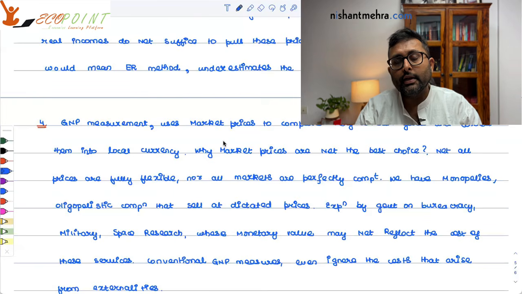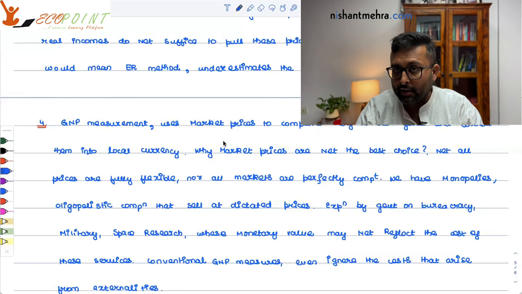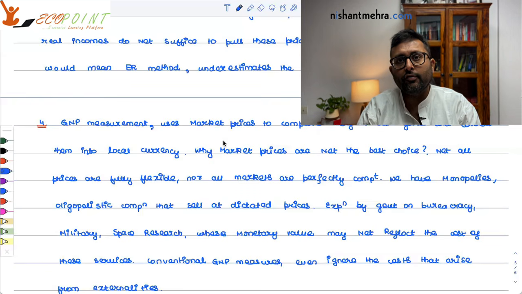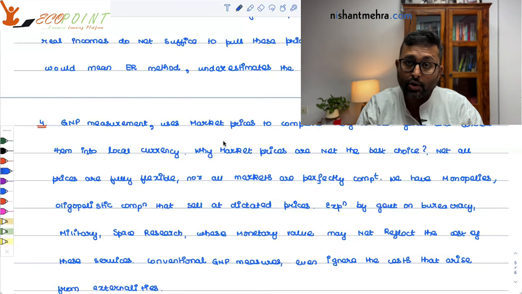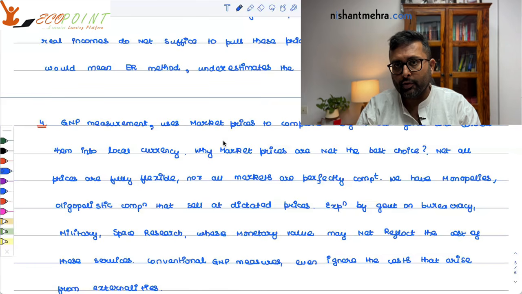Another thing. Many times in GNP you have the prices of the projects which you take up, but you do not include the cost of externalities in this. For example, you want to build a dam, right? That dam is going to be beneficial for the country.